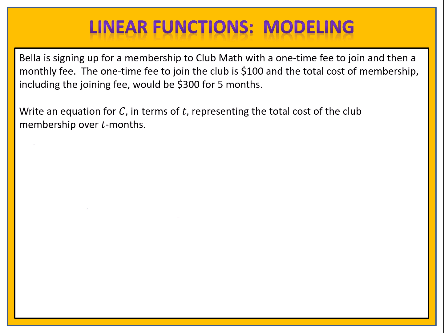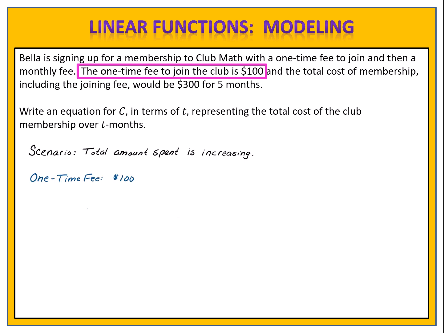Let's see how you did. We begin by identifying the scenario. The total amount that Bella is spending is increasing as she belongs to the club for more months. This means our rate of change will be a positive number because the amount she is spending will go up over time. In the problem, I noticed that the one-time fee to join the club is $100.